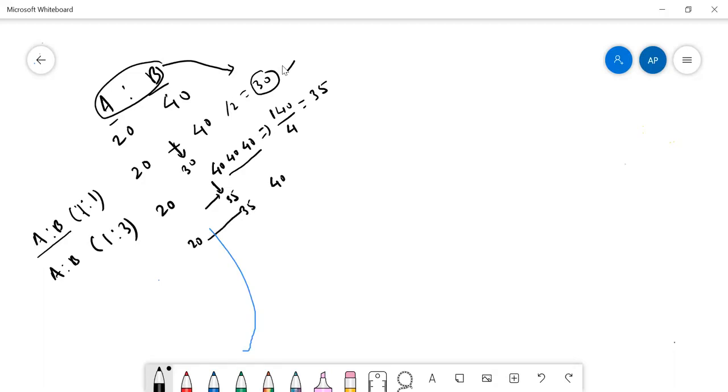So if we check the difference here, it is 15 and it is 5. So you can see that the differences here that we got are in the ratio 3 is to 1.